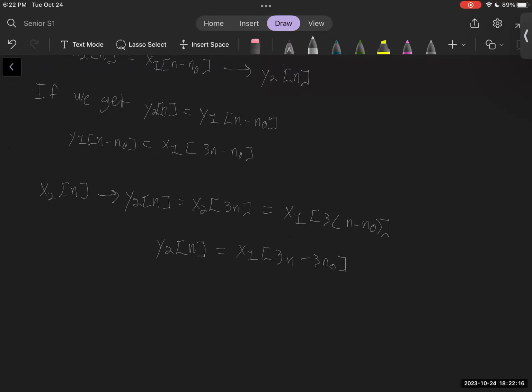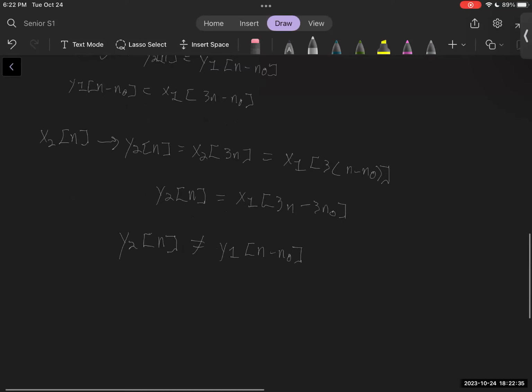And we can see that our y2 of n does not equal our y1 of n minus n naught. Therefore, we can say the system is not time invariant.